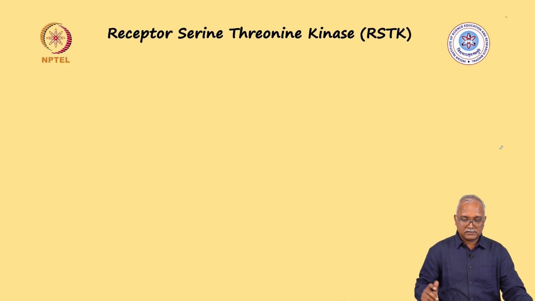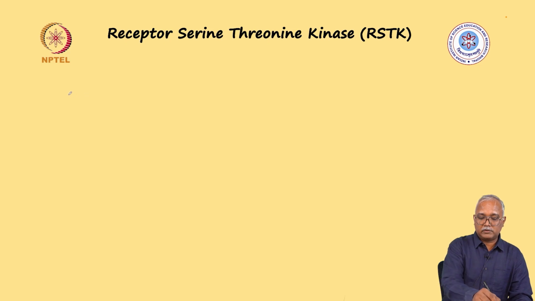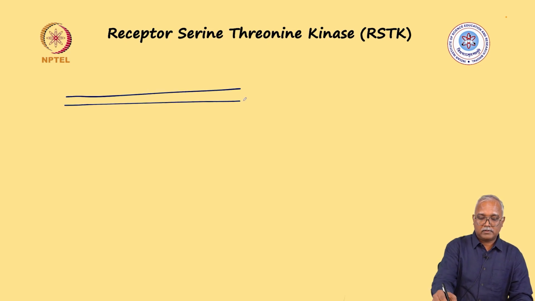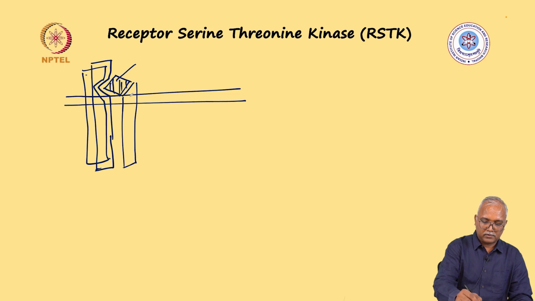So if we look at how this entire thing can be spanning out, you have the membrane. There is a specific arrangement of the receptor in 2 copies. If I say this is your type 2 receptor, then you have another, this is your signal molecule which will be recognized by the type 1 receptor.